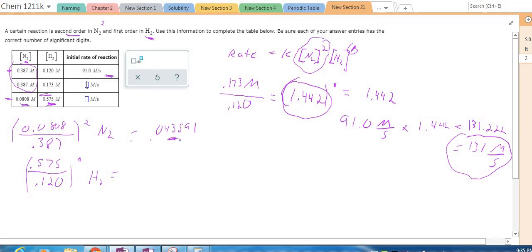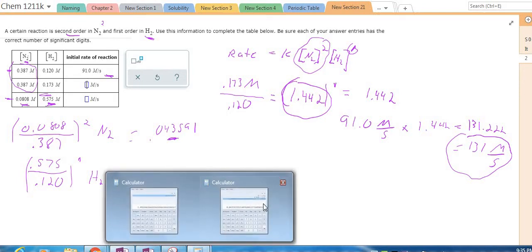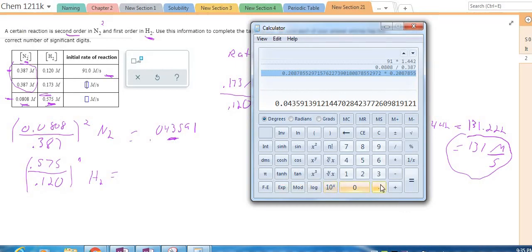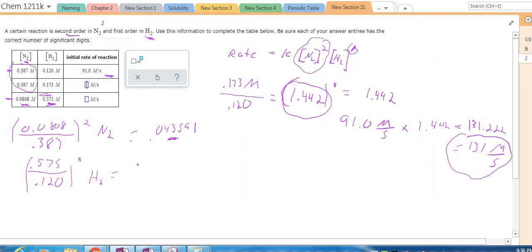Now let's look at that hydrogen. That's going to be 0.575 divided by 0.120, which equals 4.792. That is the magnitude of the change, raised to the first power, which is just going to be itself.